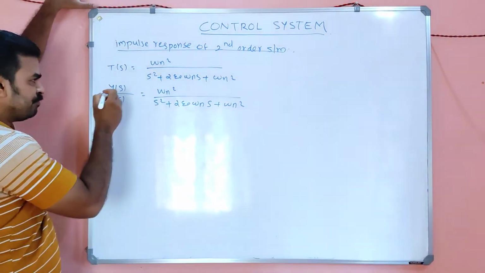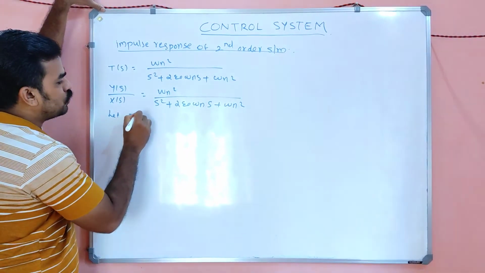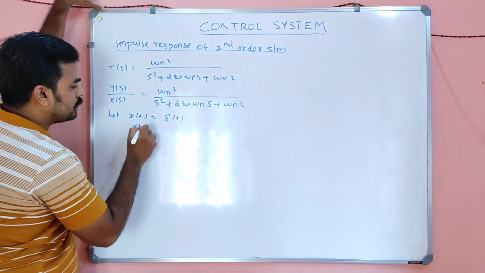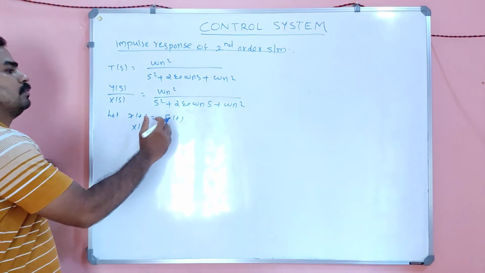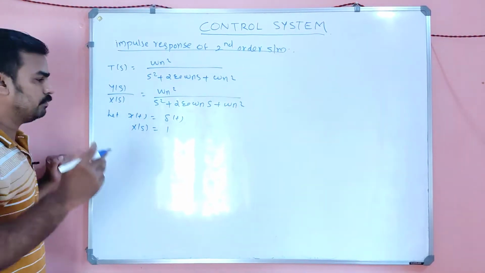Am I correct? Suppose x of t is equal to the impulse, that is del of t, or X of s becomes 1. The Laplace transform of the impulse is equal to 1. We already learned this.